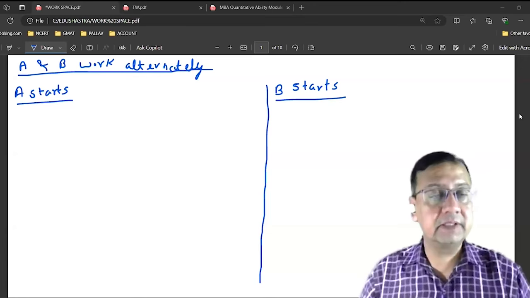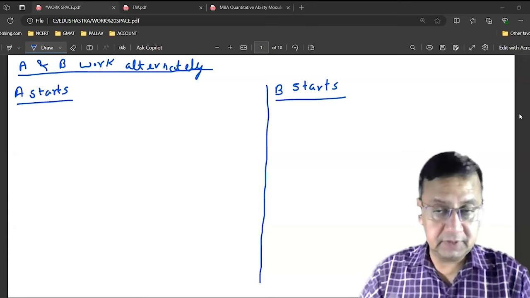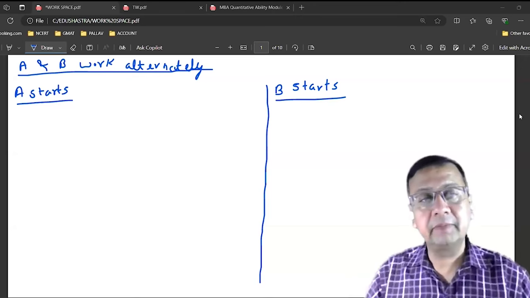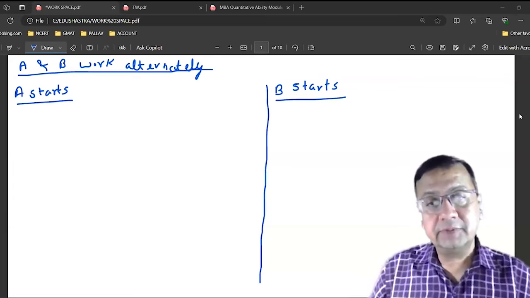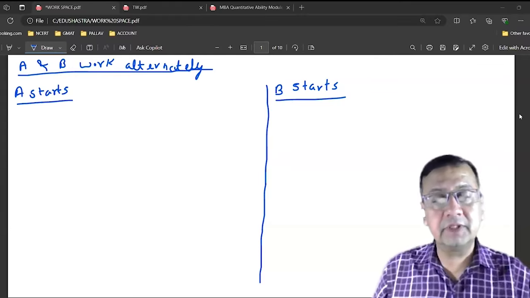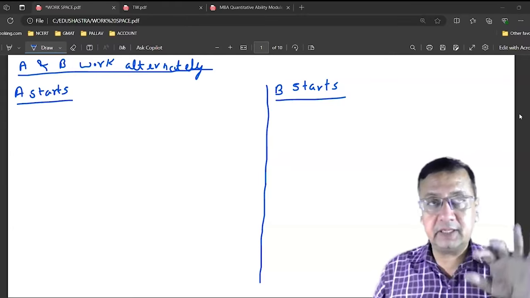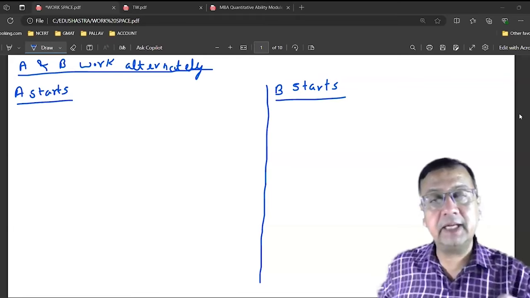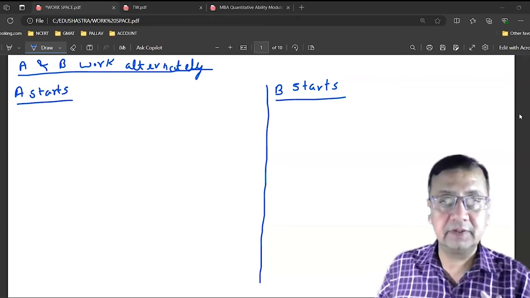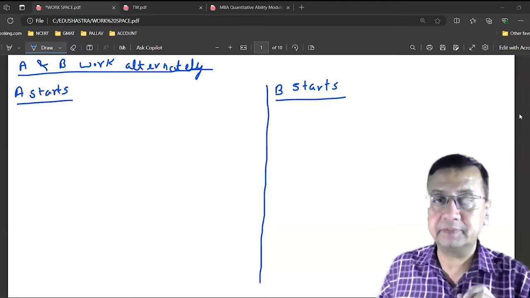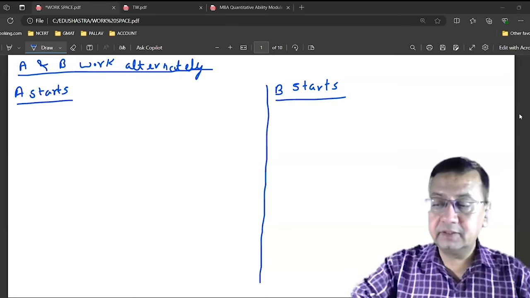Now the beauty of the examinations going on today is that they give options, and there are some questions where you have to type in the answer. In a type-in answer, you have to type the exact answer, whatever it is.